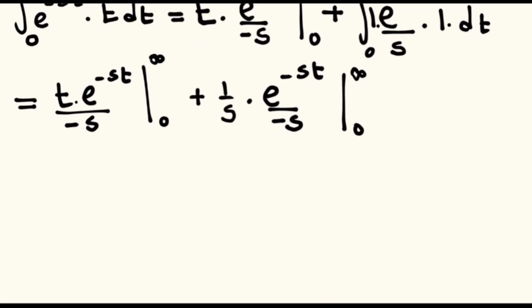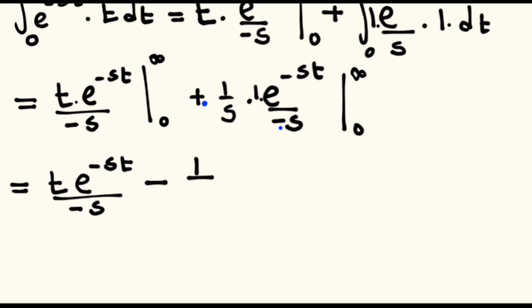From here, let's try to simplify before we substitute the limits. So we have t e raised to the power negative st divided by the negative s, plus that plus and that negative will be negative, and that 1 over s multiplied by that 1 over s will be equal to 1 over s squared multiplied by e raised to the power negative st from 0 to infinity.